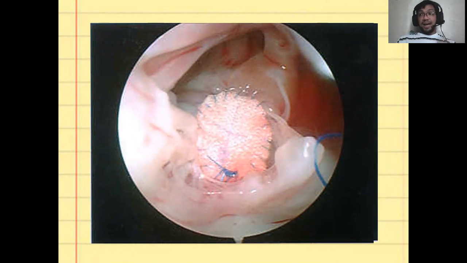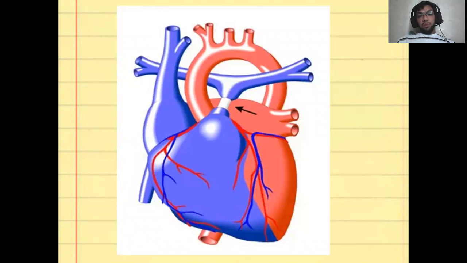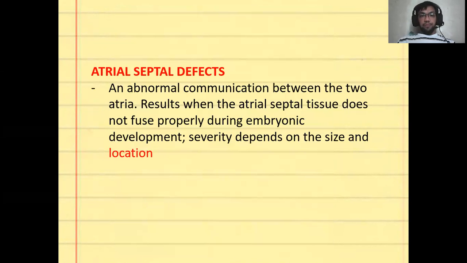So it's just like applying a patch on a cloth, on a linen with a hole. And this is the pulmonary artery banding. It's a palliative treatment in order to relieve the patient from pulmonary hypertension due to the increased blood flow at the right side of the heart due to the left to right shunting.